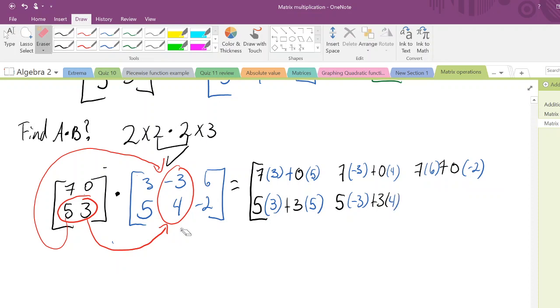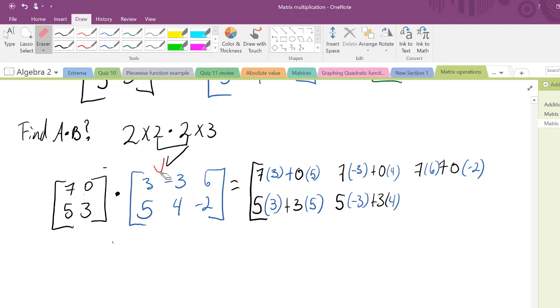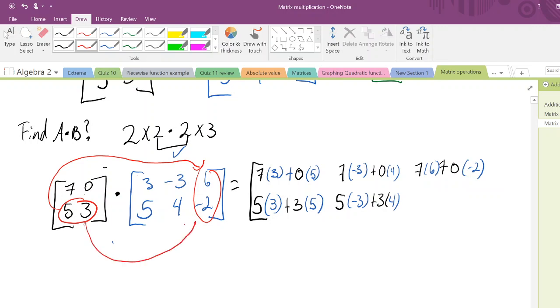And then lastly, I'm going to have this times this. So I'm going to have 5 times 6 plus 3 times negative 2.